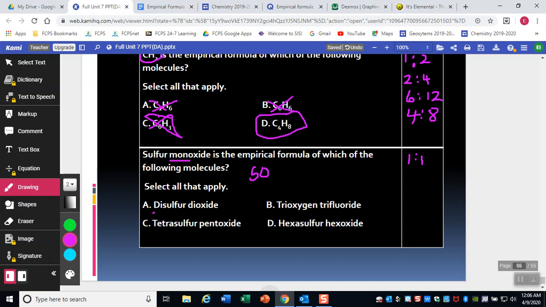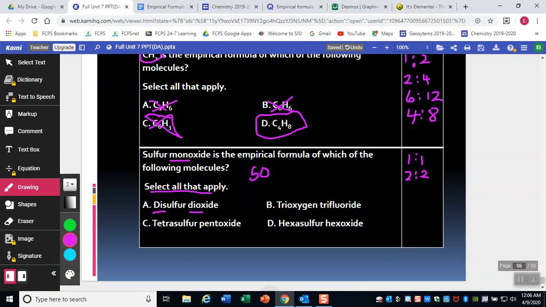So let's see, this has disulfur dioxide. Well, that would be 2 to 2, and that is the same thing. Basically 1 to 1 means they have to be the same. 2 to 2, I double the sulfur, I double the oxygen, so that works out.